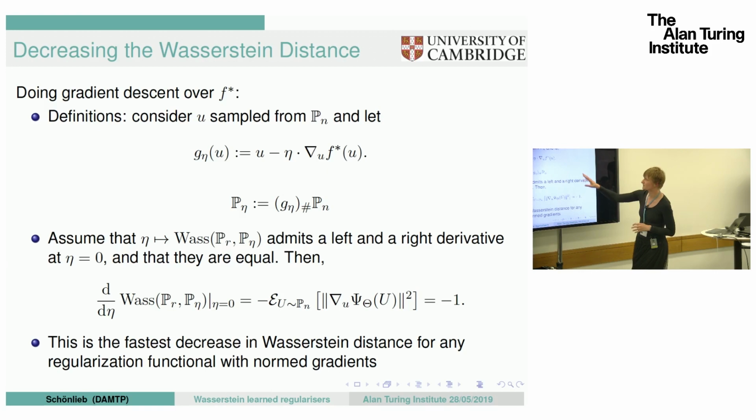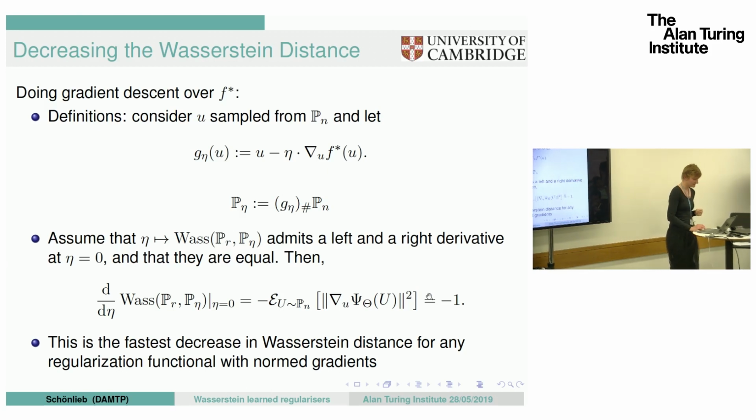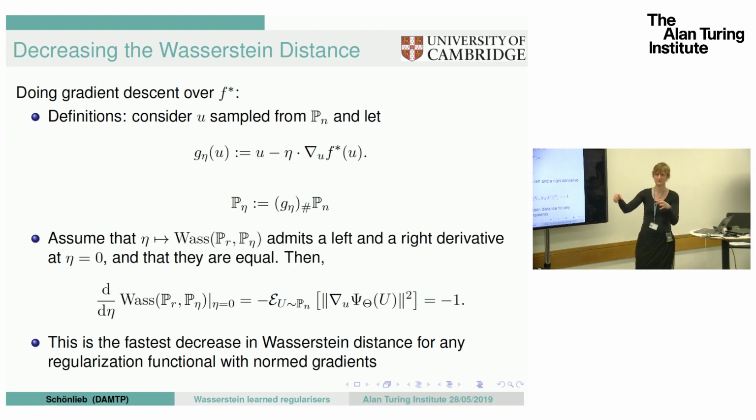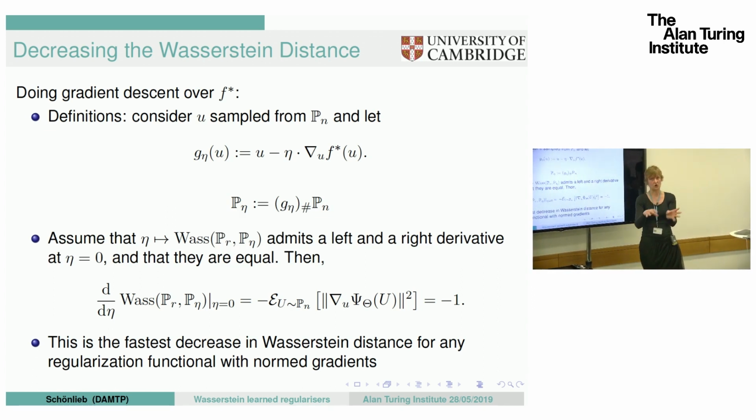And now I'll give you another argument why this might make sense. If we think about taking this F star, plugging it into the variational approach, and reconstructing an image by solving this variational approach, what I might want is that if I take a gradient descent step in the direction of the regularizer, this regularizer takes me closer to my desired distribution.